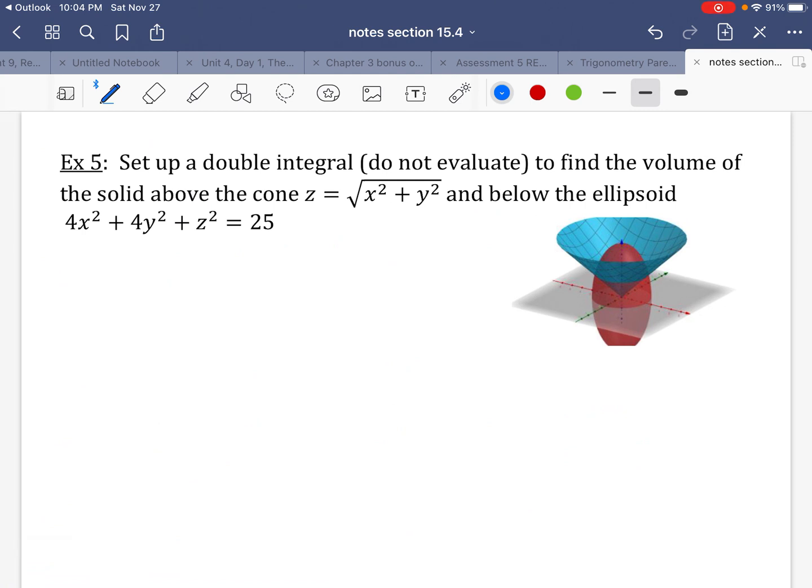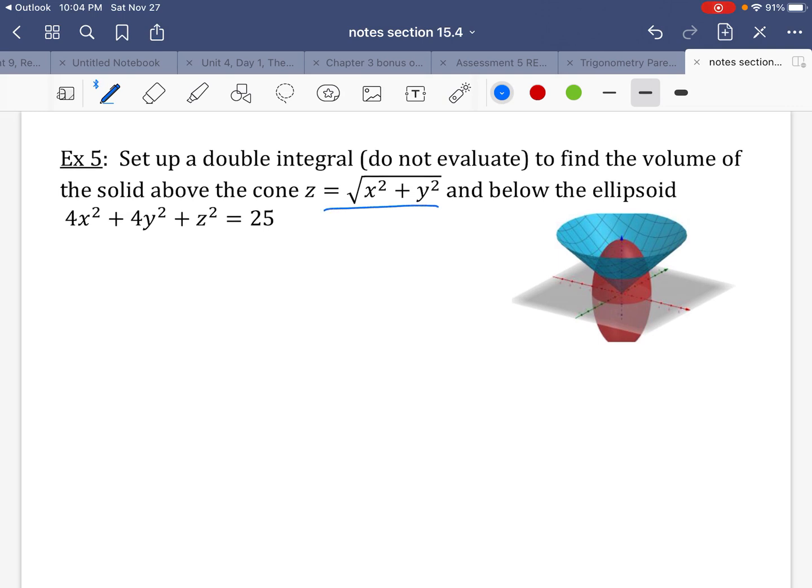All right, we're going to set this up but not evaluate it. We are trying to get the volume of the solid that is above this cone. So here's my cone right here, a 45-degree cone, and below the ellipsoid there. We've got to do some fixings here.